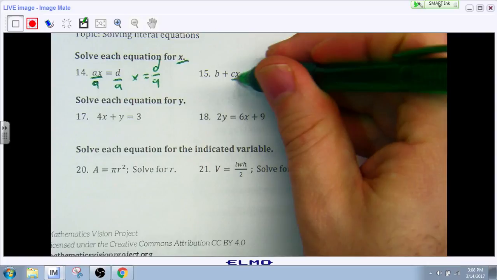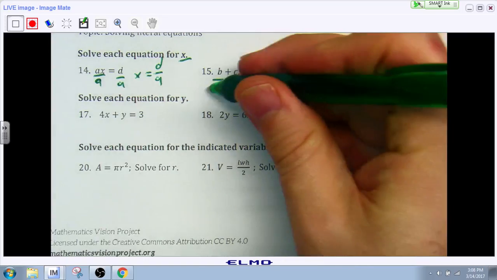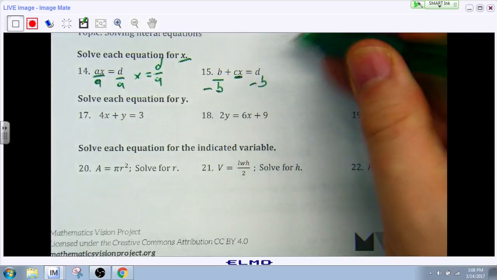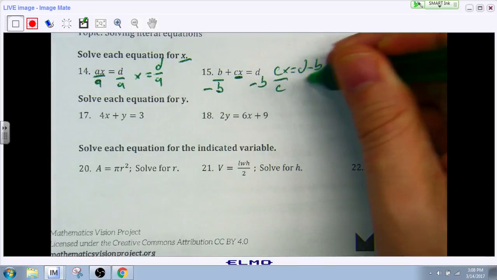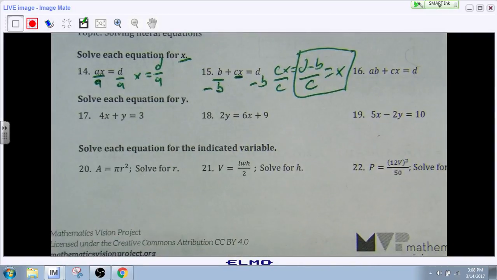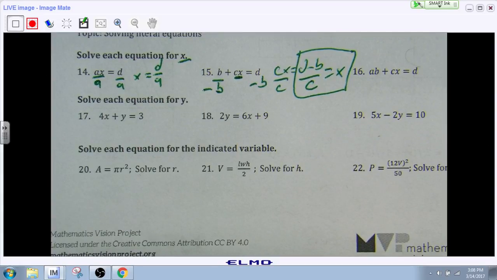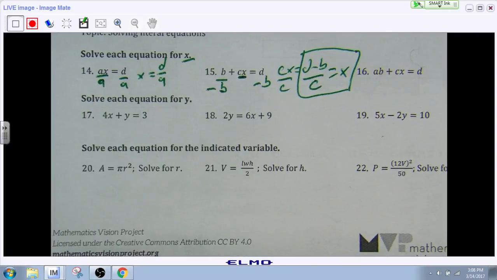I see that x is being multiplied by a c and having a b added on. So first I need to subtract the b. This gives me cx equals d minus b. And now I need to divide by c. So x equals d minus b over c. Okay, so that's essentially what we're doing.